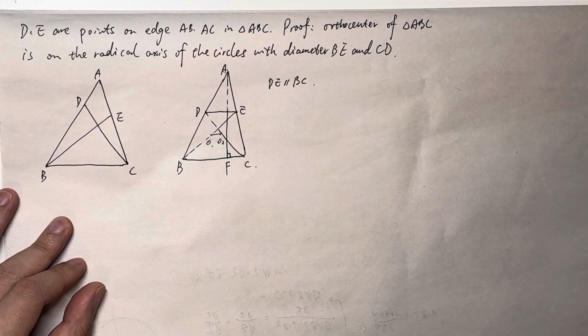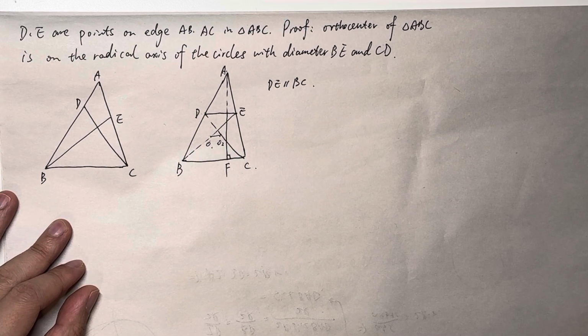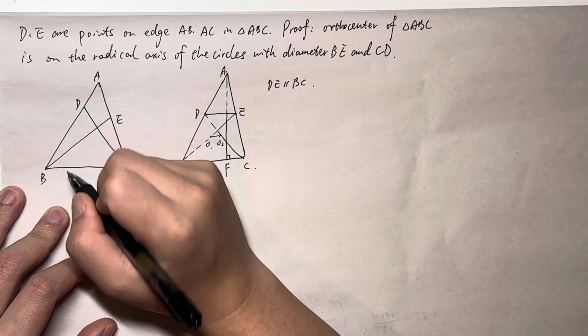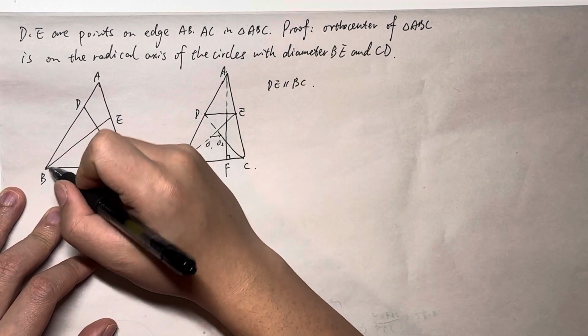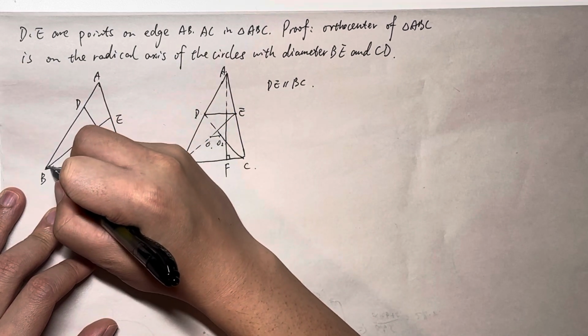Maybe it looks like a more general case, but usually it's not that difficult compared to the original specific case, because sometimes you may just think about the problem in another way. For example, in this problem, let's just find the orthocenter first, where we can draw the altitude from B to AC, right?